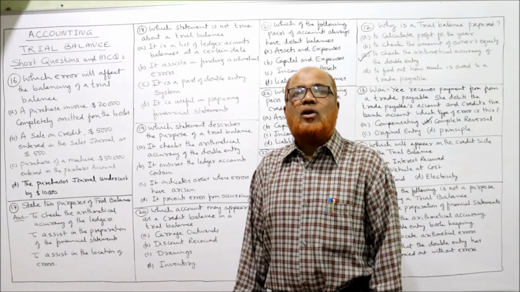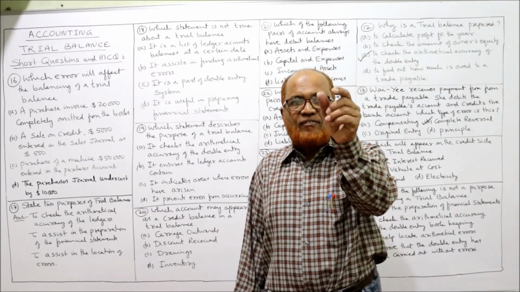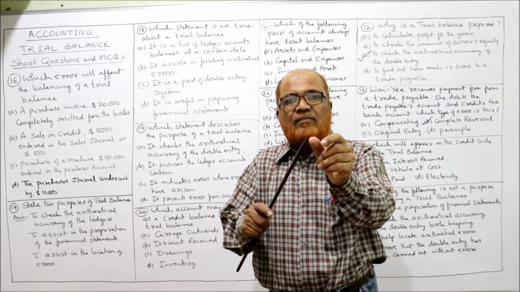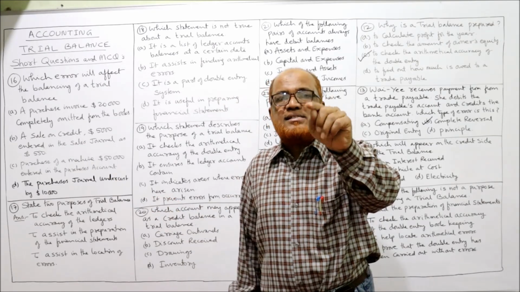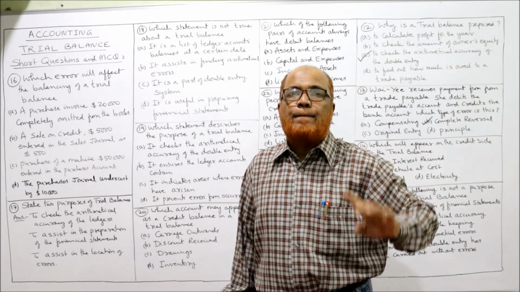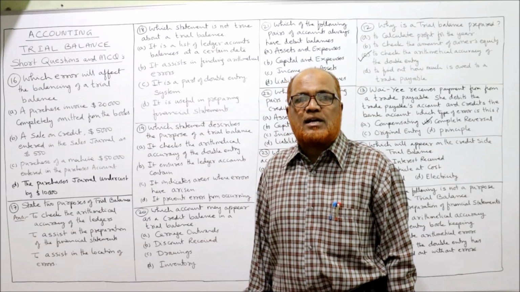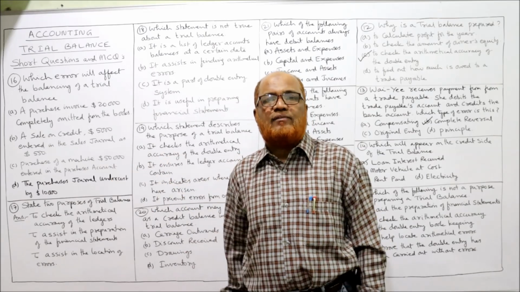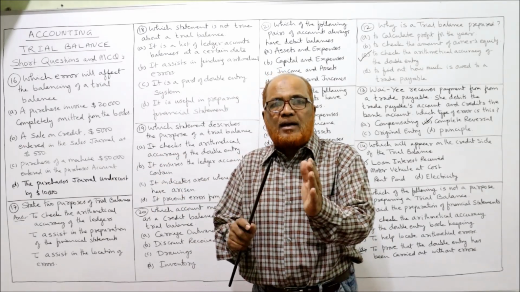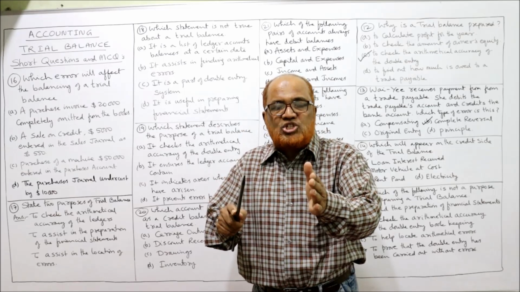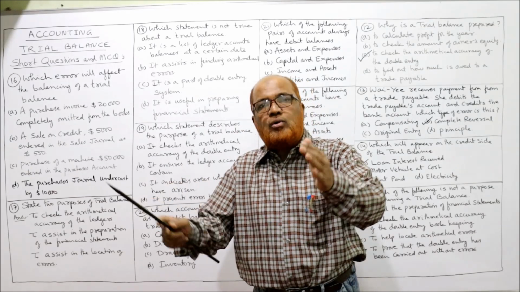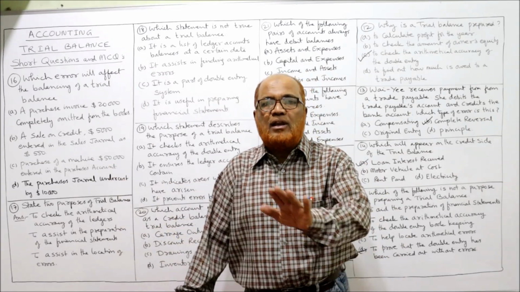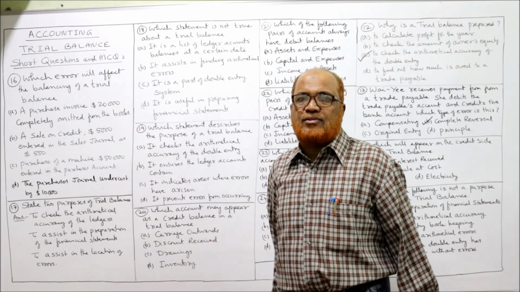Again, this error will not affect the trial balance because the 550 which he has taken in the sales day book, the same 550 will go to sales account and the same 550 will go to the receivables account, customer's account. So customer account also 550, sales account also 550. Because we make the posting from sales journal to sales account and to customer account. Again, this error will not affect the trial balance.